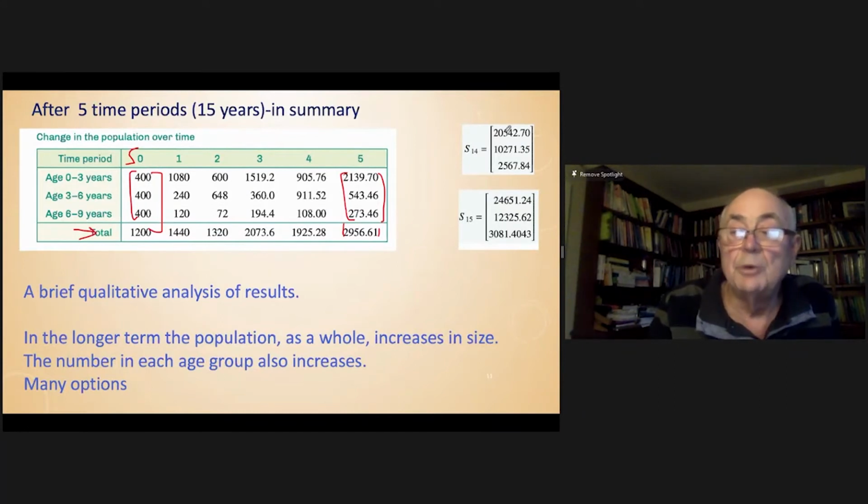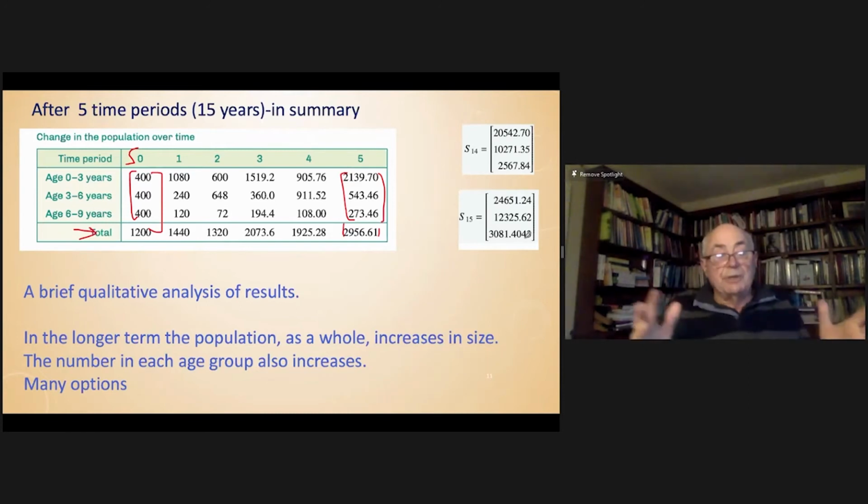We could see this more by putting more states in. So going from 14 to 15, we find that in all of the various age groups, the numbers are increasing as we go along. So in a sense, and this is a very qualitative and very limited interpretation, we've got a population that is increasing in time for all age groups.